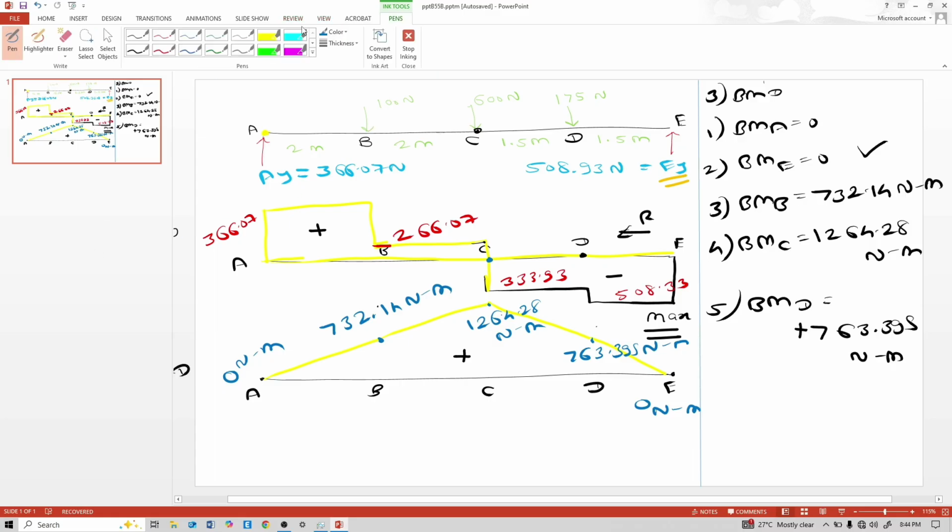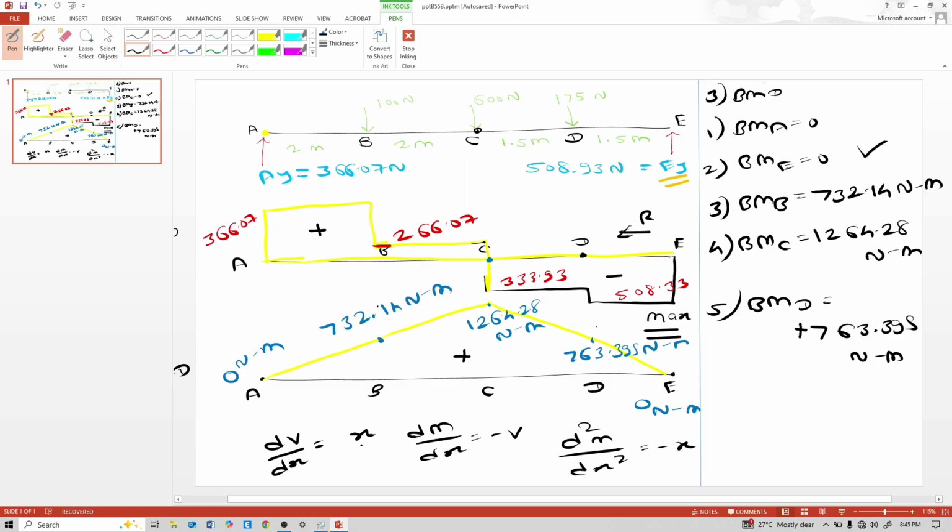See one term: dV by dx is equal to minus w, and dM by dx is equal to minus V, and dV by dx is equal to plus w. d squared M by dx squared is equal to minus w.